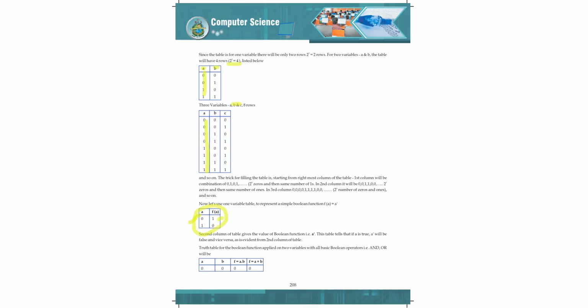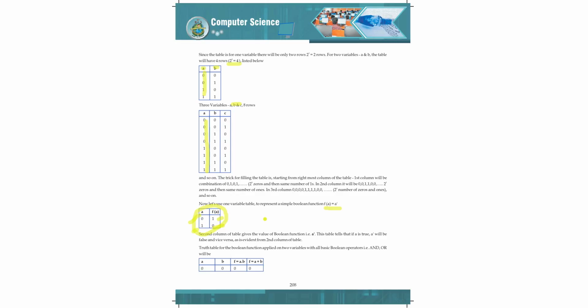If the input is 1, then the output will be 0. This is for NOT. That's why it says function f(a) is equal to a bar. The second column of the table gives the value of the function, that is a bar. The table tells that if a is true, a bar will be false, or vice versa.